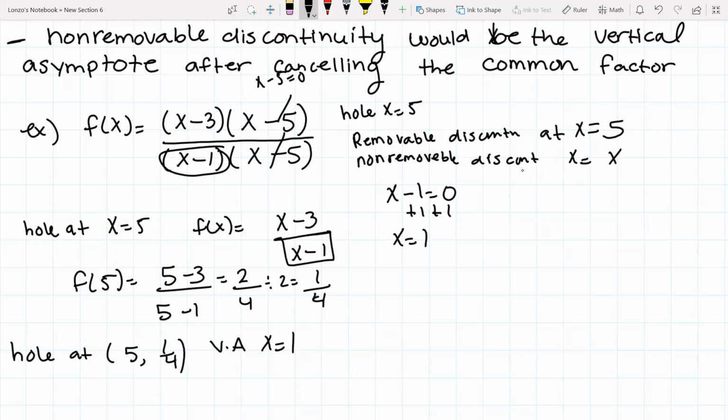Okay, so let's graph it to give you an idea of why it's removable and why it's non-removable. We have a removable discontinuity at x equals 5 and a non-removable one at x equals 1.